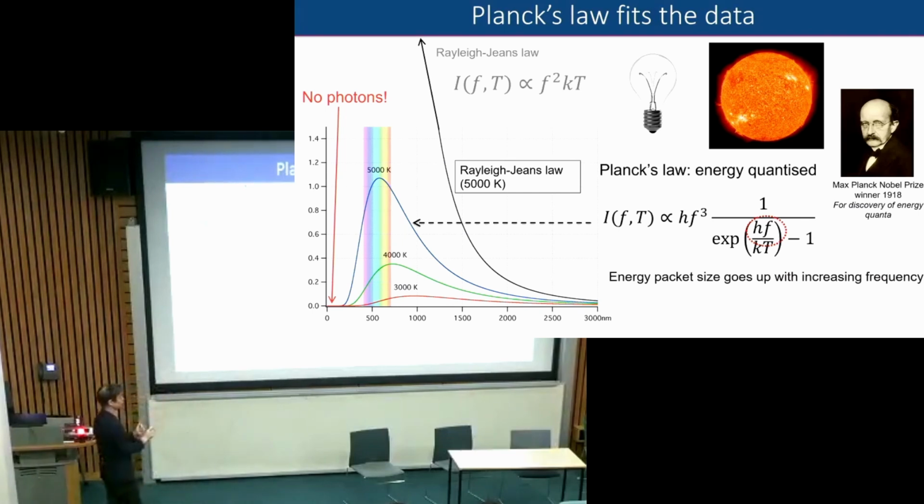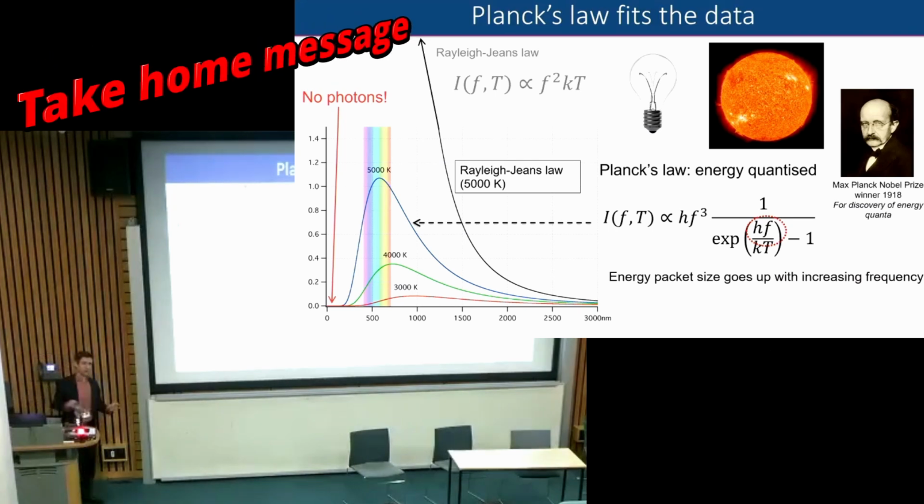So we'll look in the tutorial tomorrow a little bit more at that expression and how that correlates with the Rayleigh-Jeans law for small values of frequency, in other words, large values of the wavelength. Okay? So he used delta E equals hf to come up with that expression for the intensity of EM radiation from a black body of temperature T, which fits the data beautifully, whereas the Rayleigh-Jeans law does not, and the Rayleigh-Jeans law has the ultraviolet catastrophe going on.